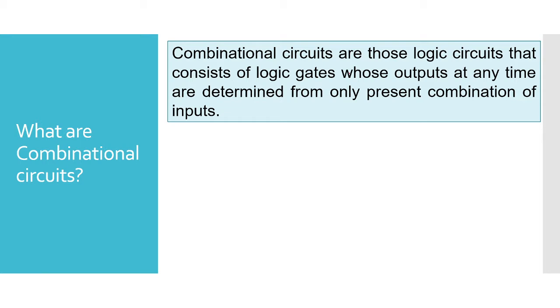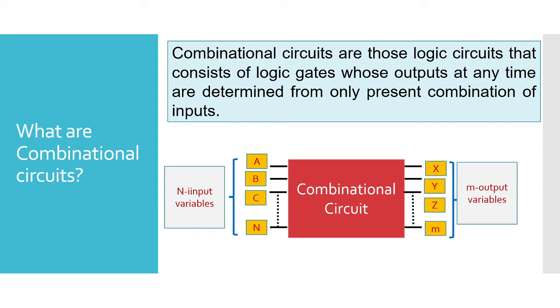Okay, so what is actually a combinational circuit? Let me explain with the block diagram. So see here, I am showing a combinational logic circuit block. I am representing it as a black box. You don't know what is inside, what logic gate network is inside. But you should understand that in a combinational circuit, multiple inputs will be applied.